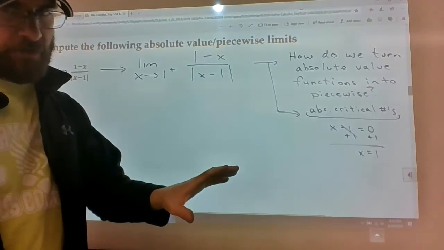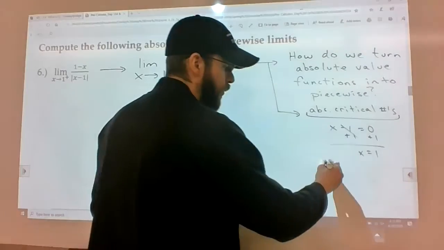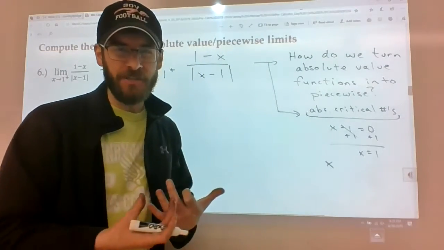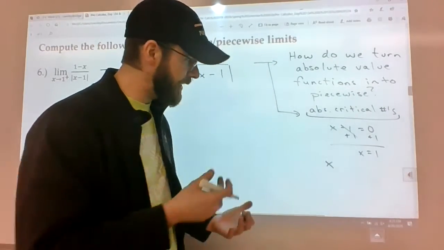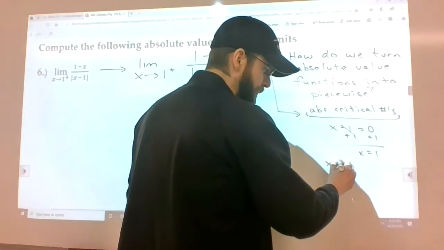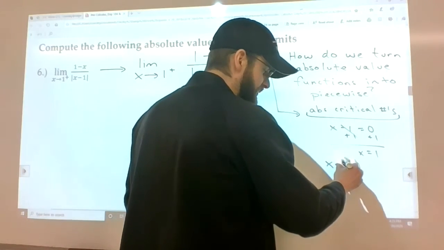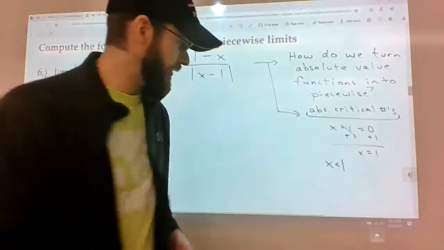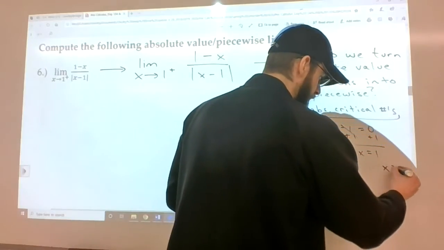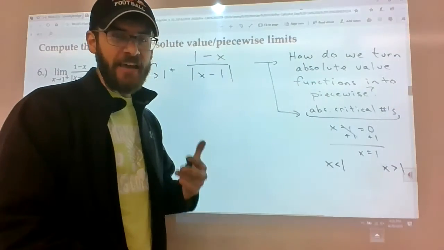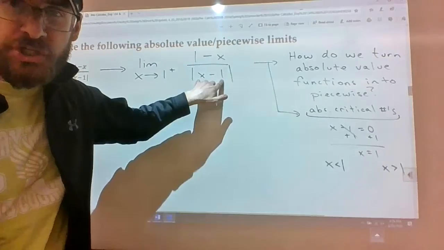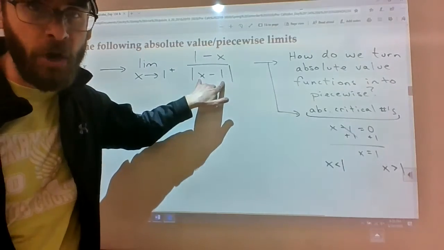Then you ask yourself, when x is less than 1, and when x is greater than 1, this function is going to have a particular type of behavior which changes for this absolute value component.